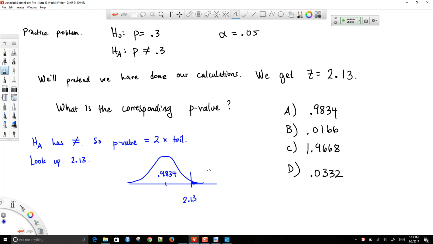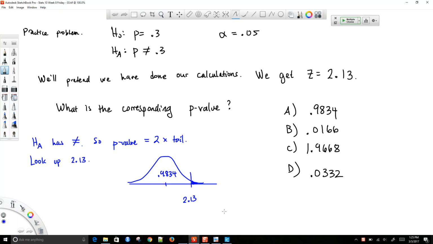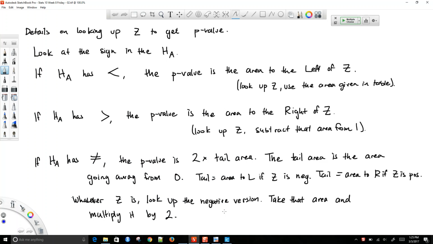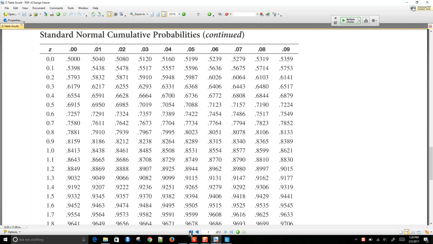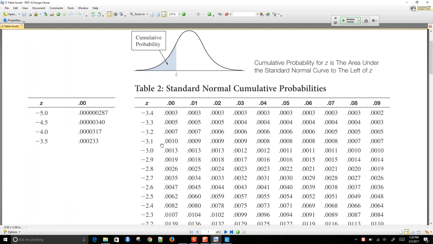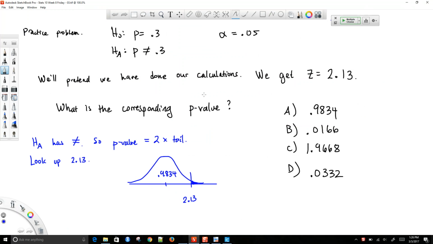Now, our tail area is always the area to the right. I believe on the previous page I said, whatever z is, look up the negative version. So if z was negative 2.13, we'd look up negative 2.13. But because it's positive 2.13, we still look up negative 2.13. So we look up negative 2.13, and I have 0.0166.